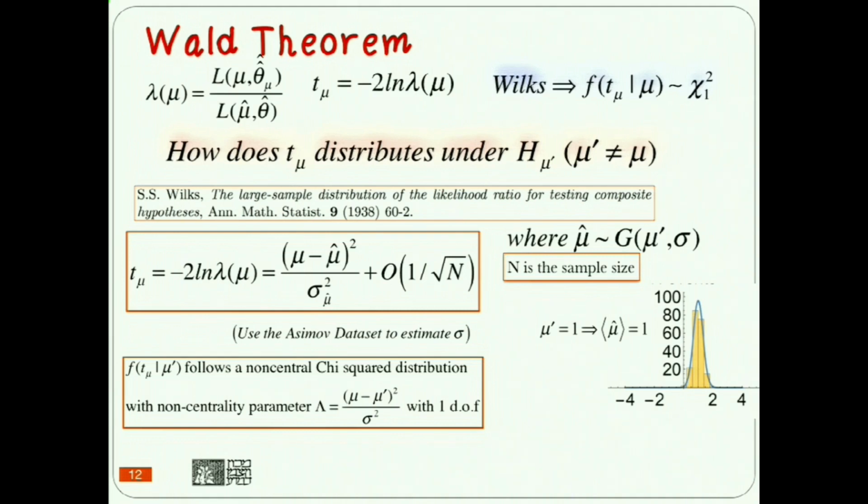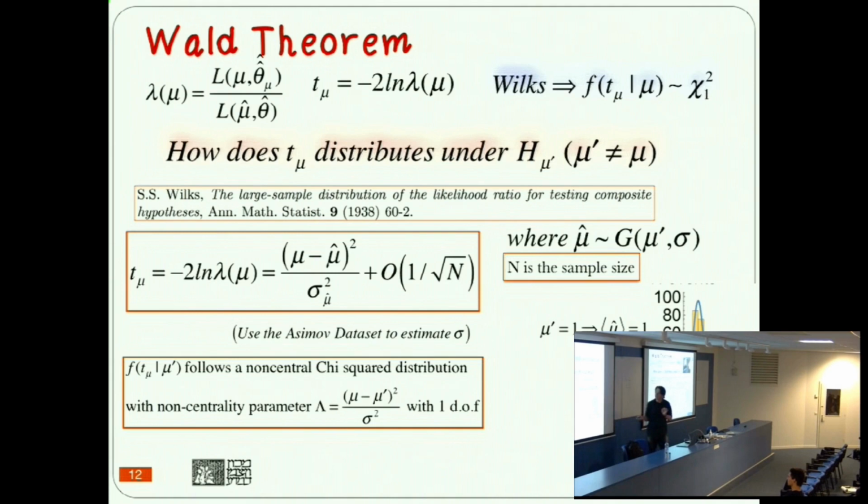So Wald came to our rescue, stating the following theorem, okay? If n is my sample size, take it to be the luminosity, then the test statistic t_mu behaves like a parabola, (mu minus mu hat) squared over sigma of mu hat squared, plus O of 1 over square root of n, where mu hat distributes like a Gaussian around mu prime.